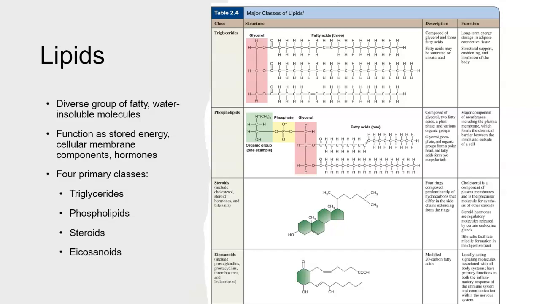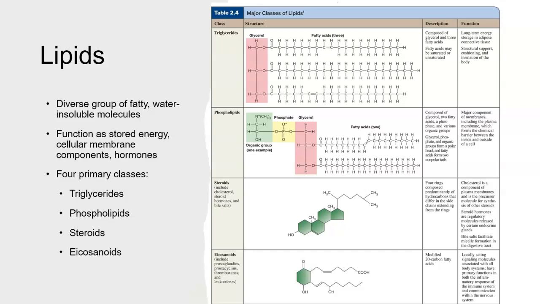They include cholesterol, which is a component of our cell membranes and gives it a little bit more rigidity, so they're not quite as flexible as they would be without the cholesterol. The steroids also are the fats that are a part of our steroid hormones, such as estrogen and testosterone. And also, steroids are a component of the bile salts that the liver makes and the gallbladder stores and releases into the digestive tract.